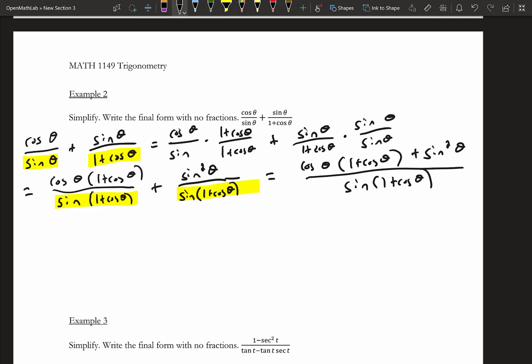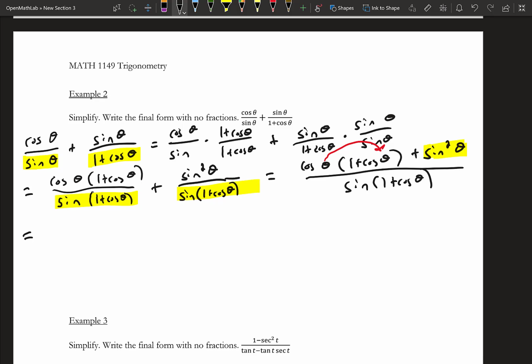The next thing I'm paying attention to is the sine squared theta here. If I distribute the cosine theta through, cosine theta times cosine theta gives me cosine squared theta. We know one of the Pythagorean identities is cosine squared plus sine squared equals 1, so that's going to simplify things a lot more.